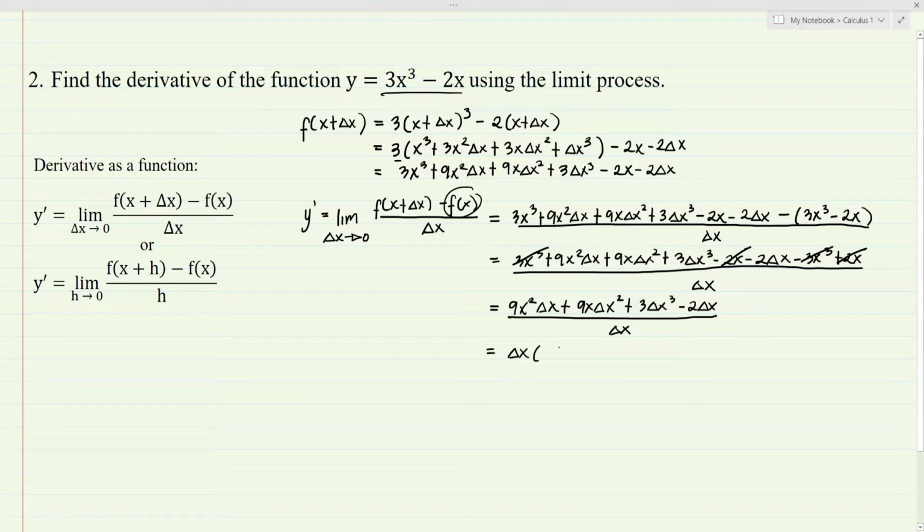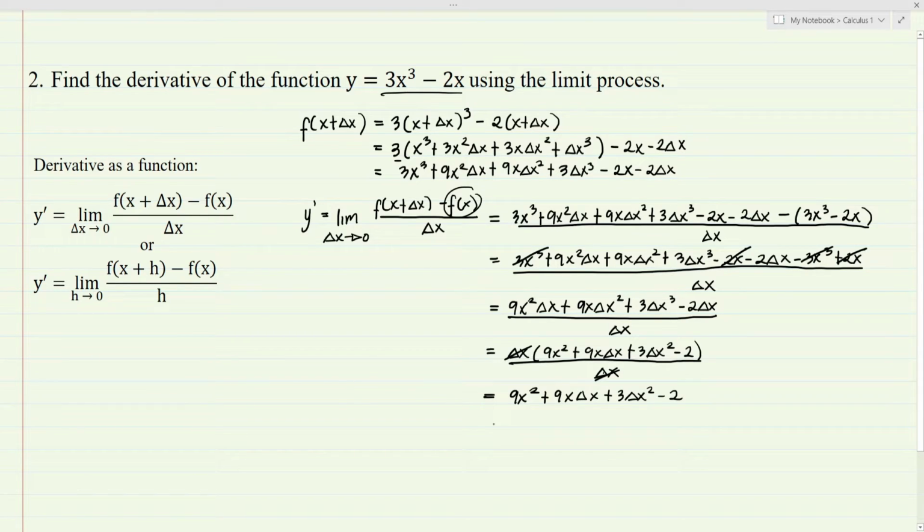I will have here delta x times 9x squared plus 9x delta x plus 3 delta x squared minus 2, then divided by delta x. So this one cancels out. So its simplified form would be 9x squared plus 9x delta x plus 3 delta x squared minus 2.